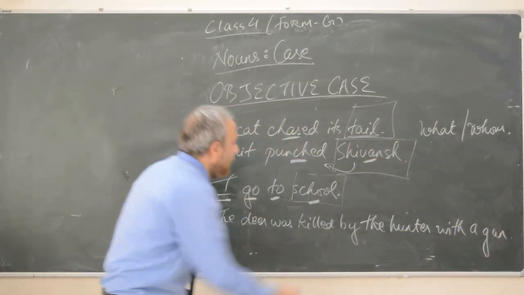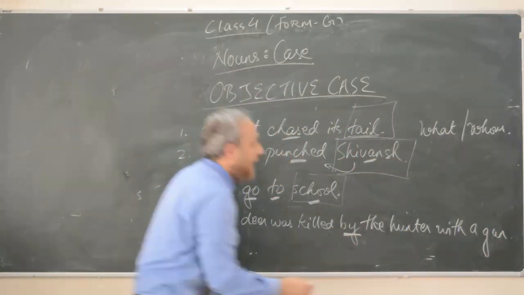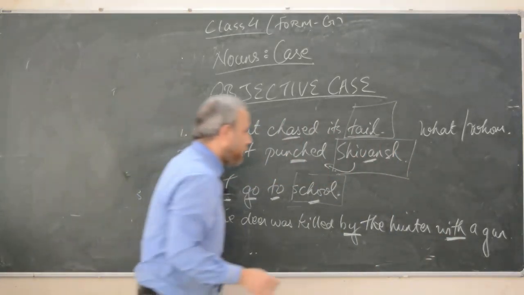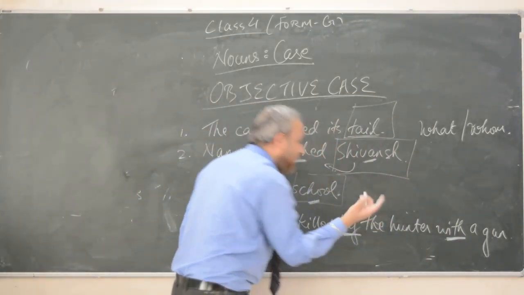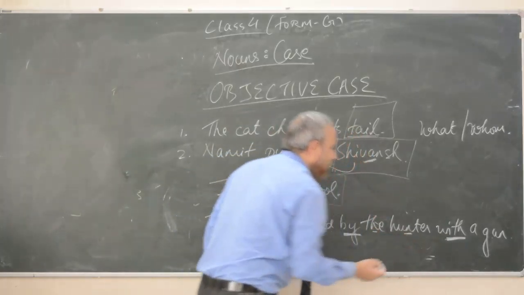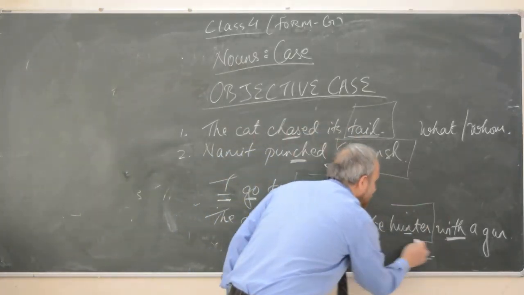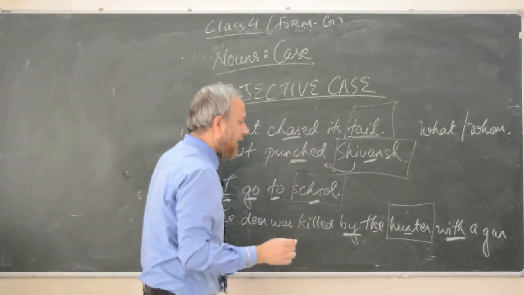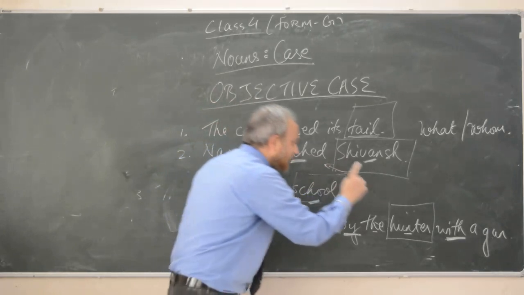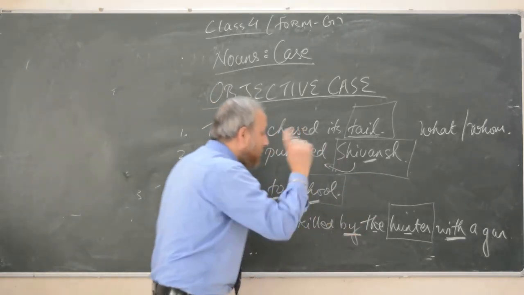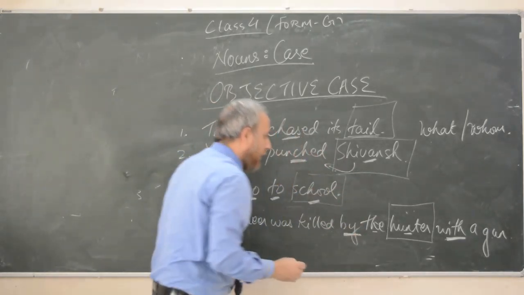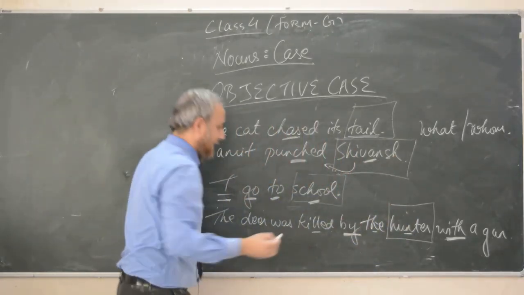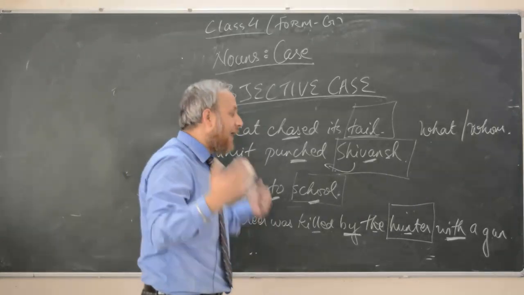So if you look at it, by is a preposition here and with is another preposition here. Okay, so you have the preposition by, and you have hunter, which is a noun. So this particular noun out here is in the objective case, and it's governed by the preposition by. By shows the relationship of this noun hunter with the verb killed. Okay, fine, you can look at it this way.